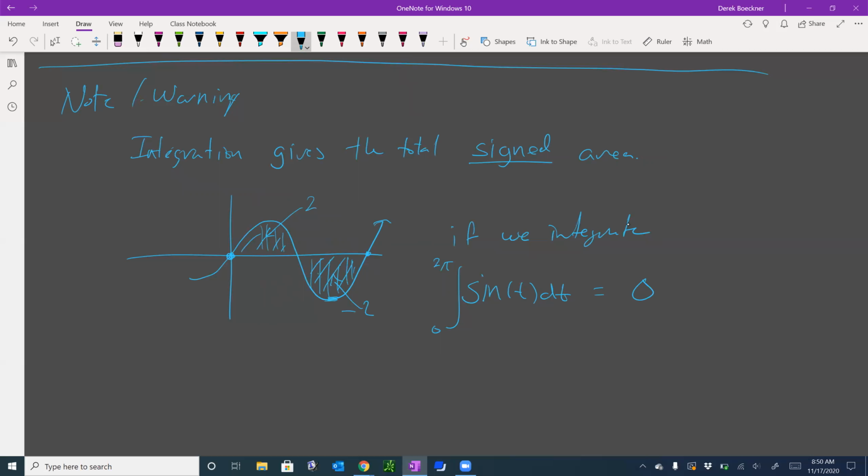So if I want to find the total area here, I have to find places where it crosses from above the x-axis to below the x-axis. And then if I wanted that total area, I would have to integrate from 0 to pi, sine of t dt, plus the area from pi to 2 pi of negative sine of t dt, because I want to change these things into these things.